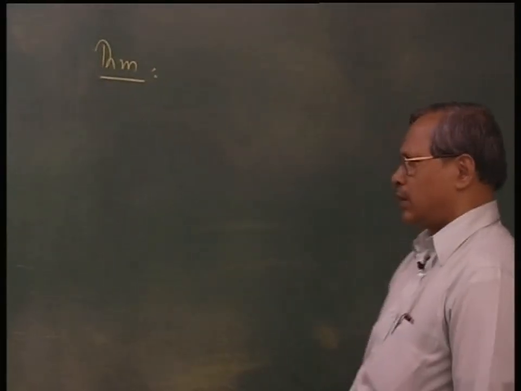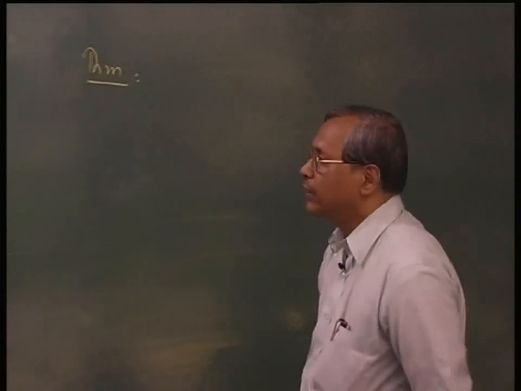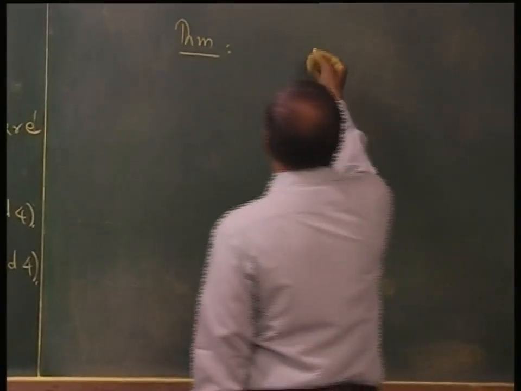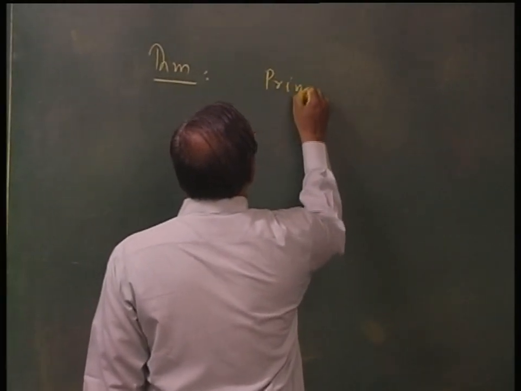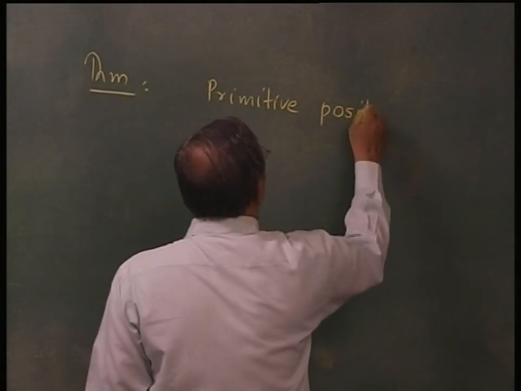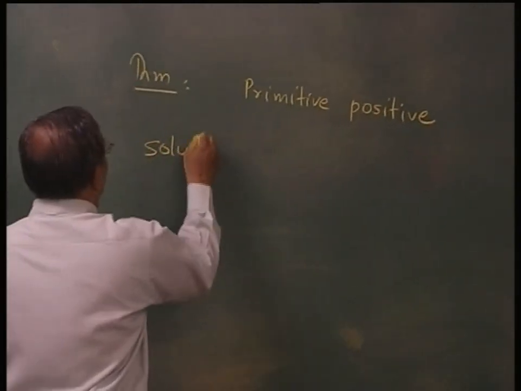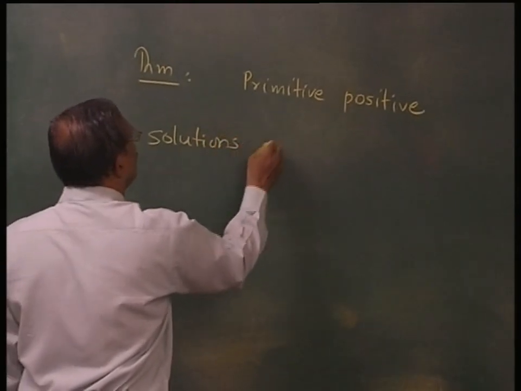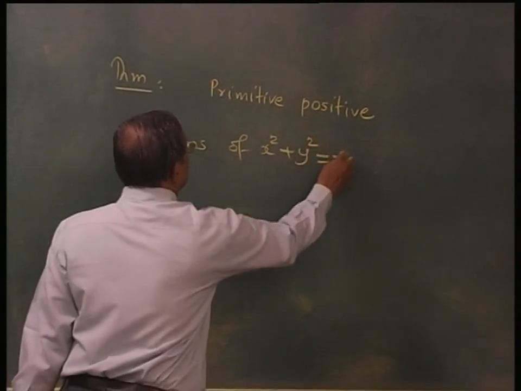Also we can assume that they are positive, because from a negative solution we can immediately get a positive solution by changing sign. So primitive positive solutions of x square plus y square equal to z square.